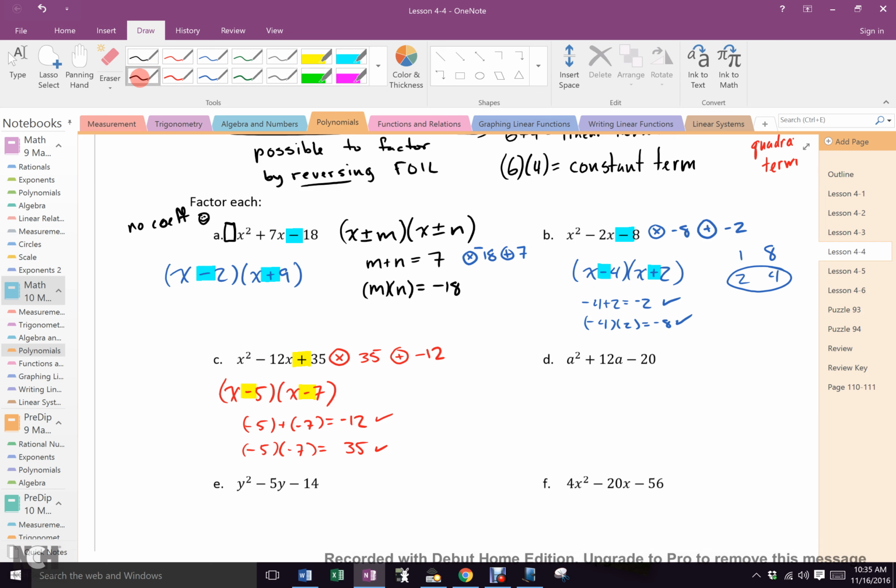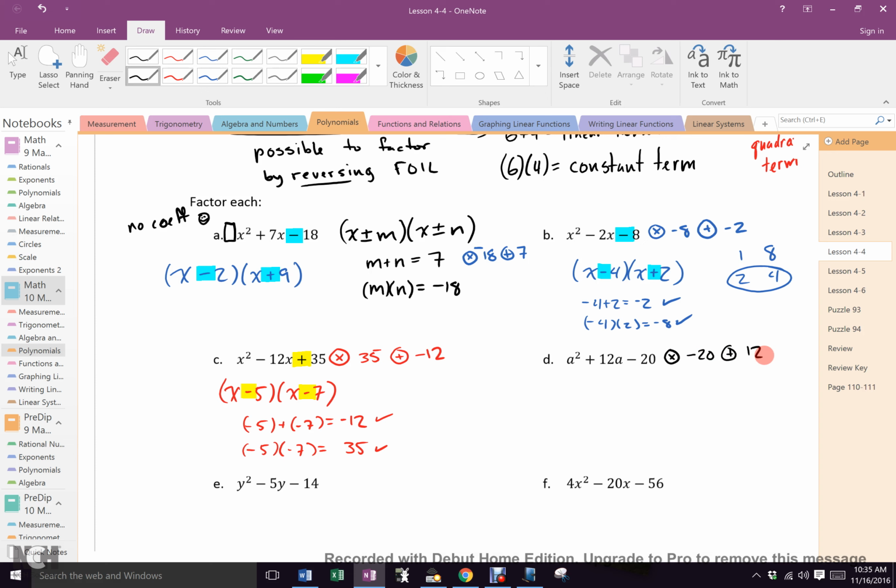You guys look at D. Does D look like something we can deal with? Is it the right kind of trinomial? Now, nobody goes stupid on me and says, no, there's no x. Does that matter? No. So, if this is going to work, what does it need to do? Multiply to what? Negative 20 and add to what? 12. What is it? 10 and negative 2?